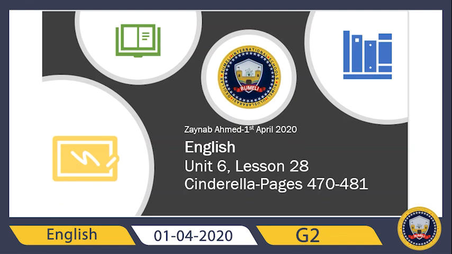As you know, every lesson consists of two stories, and in the end, you have to compare the two stories in the same lesson. So, we did Yishin yesterday. Today, we will do Cinderella. And in the end, we are going to compare these two stories from Lesson 28.